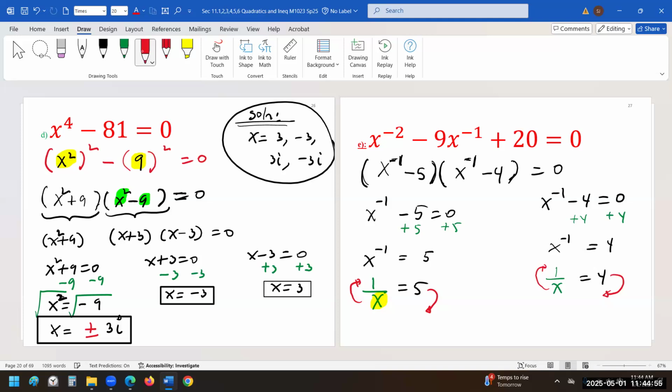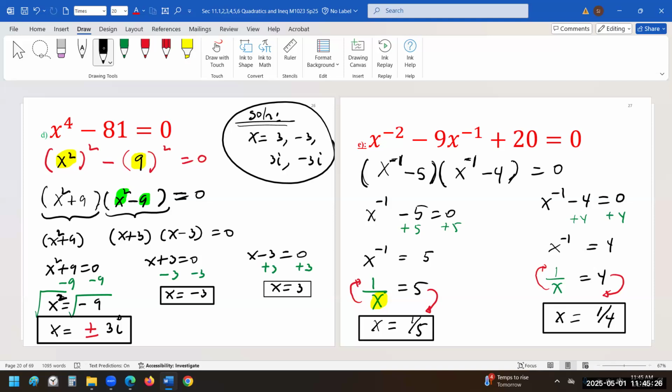You bring this on the top and it goes on the bottom. So if you flip 5, it becomes what? 1/5, not -5. You're flipping. And if you flip 4, it becomes 1/4. Question?